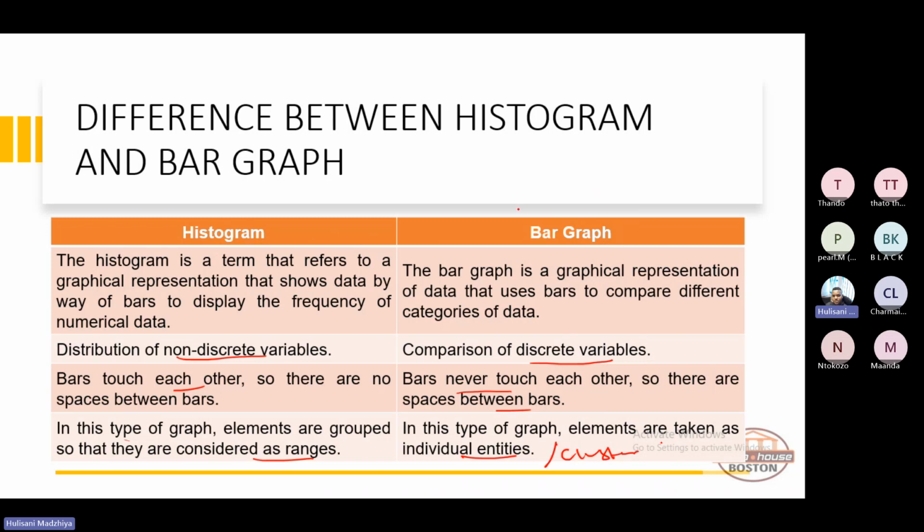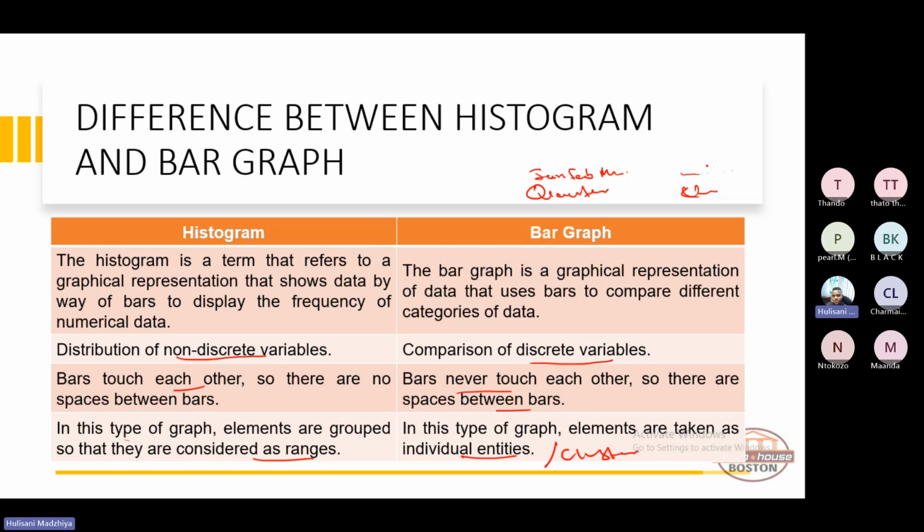So on this side we can say quarter one, representing Jan, Feb, and March. And then we have another category, quarter two, representing the information for the next months.